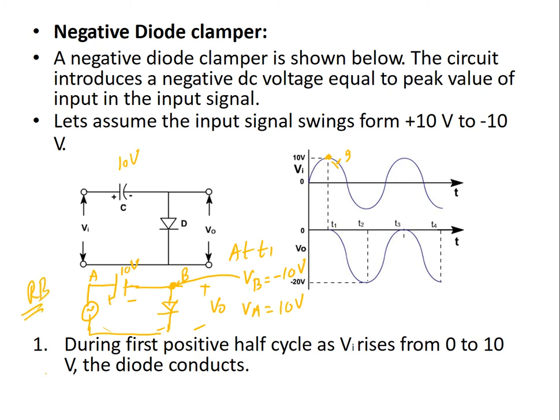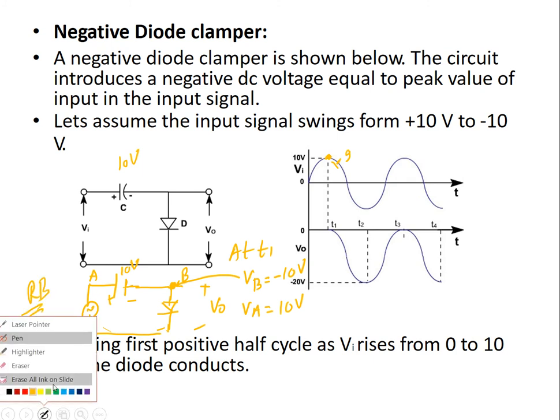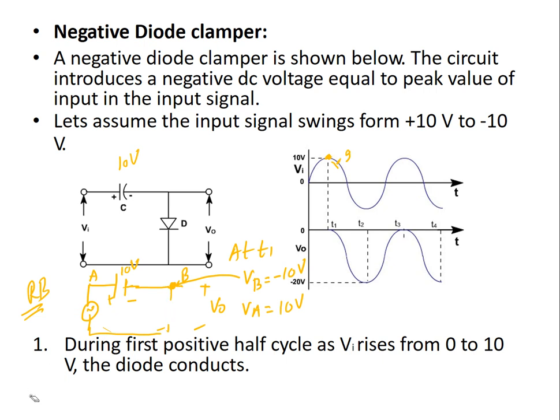Reverse bias means I can replace this diode with an open circuit. As soon as the positive cycle is dropping, this diode will go in reverse bias, and we can replace it with an open circuit here.